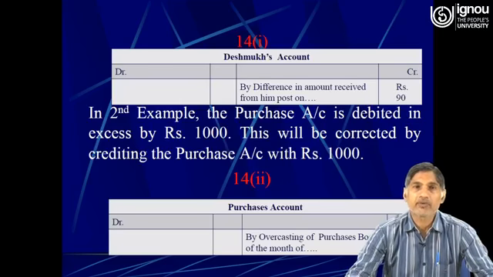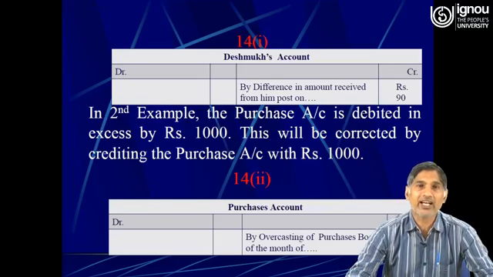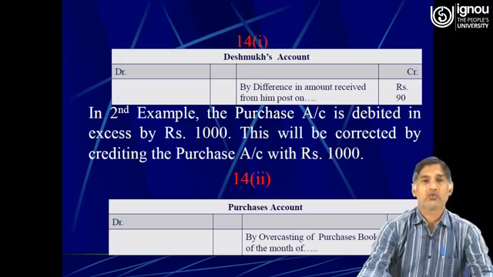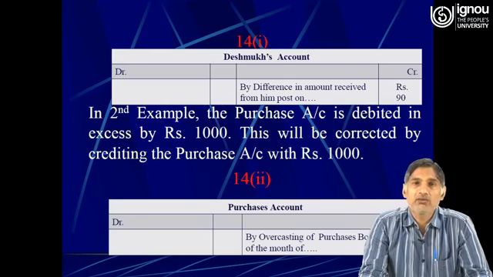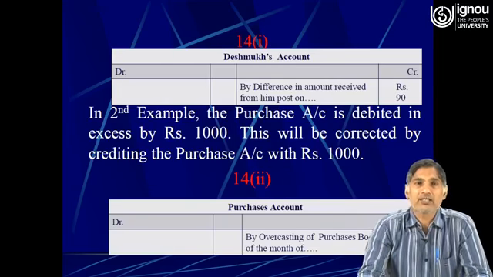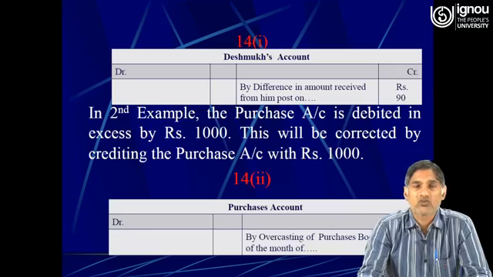So here the purchase account is debited in excess by rupees 1000. In order to neutralize the effect, because the purchase account has been debited in excess by rupees 1000, this will be corrected by crediting the purchase account with rupees 1000.